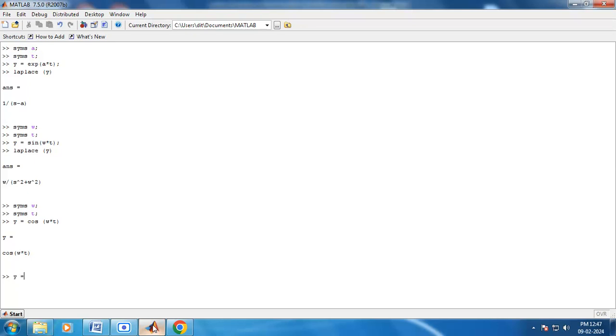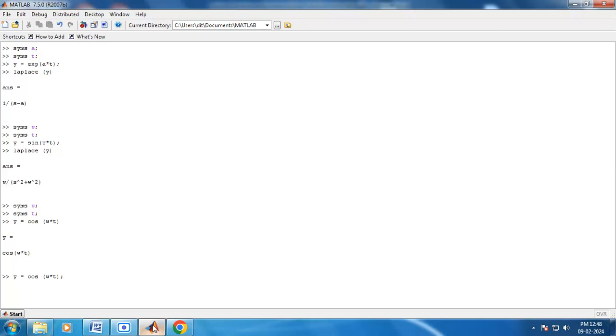I have shown what happens when we put the semicolon and what the result is when we do not put the semicolon. So we have to put the semicolon after omega into t. Why? Because we are not expecting the result here.